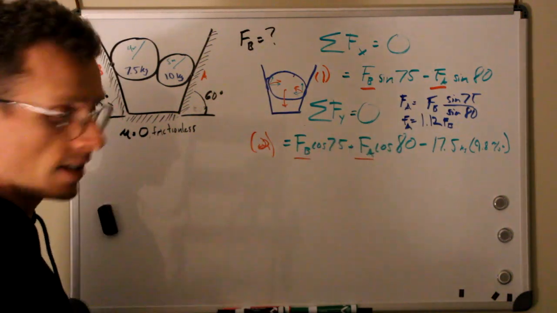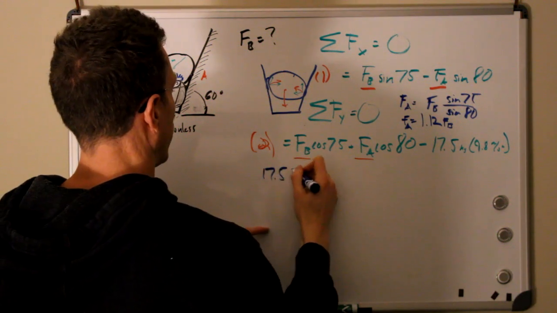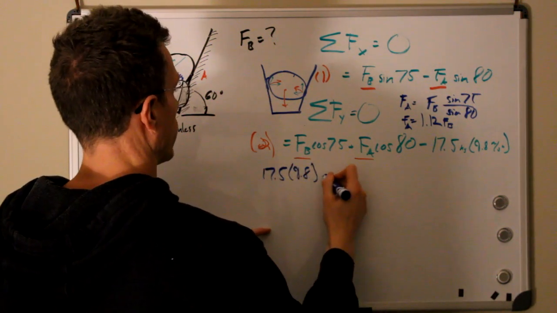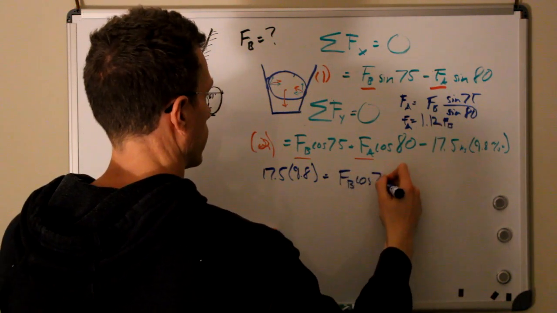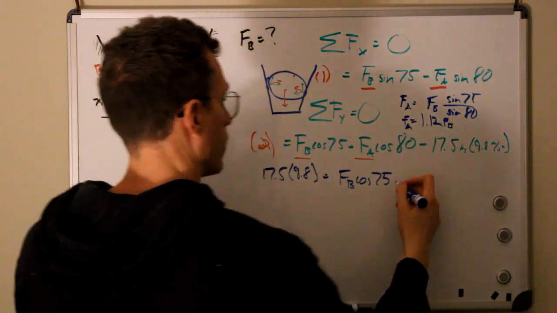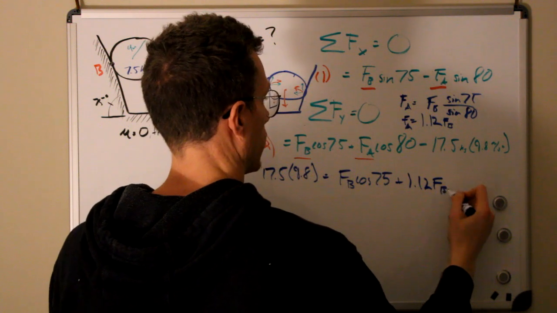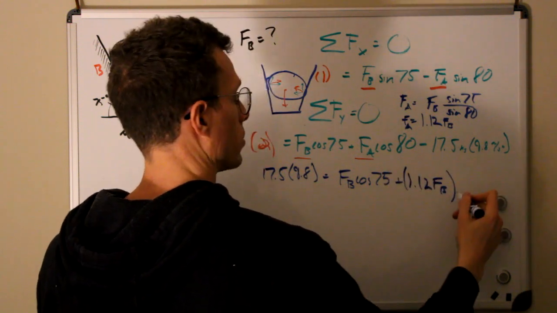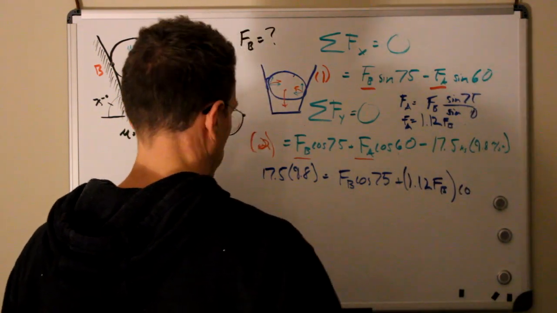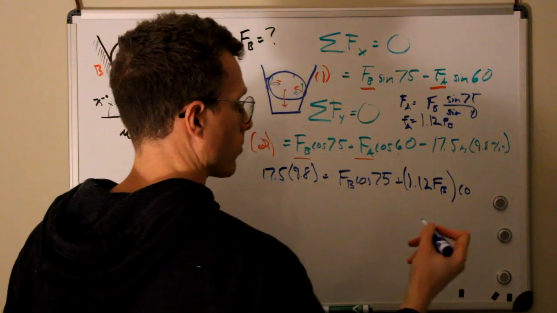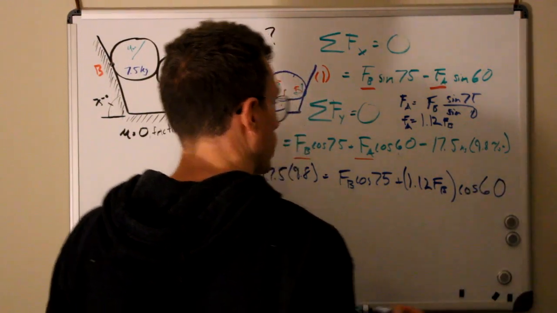Then we're going to sub that into here and say 17.5 times 9.8 equals FB cos 75 plus 1.12 FB times cos 60.